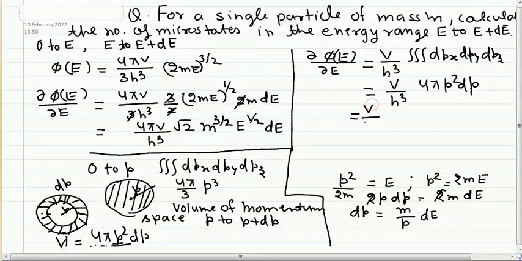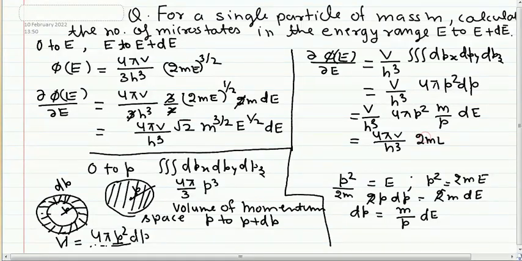So let us substitute this value. It is V upon h cube and then 4 pi p square, and instead of dp write m by p into dE. So this p gets cancelled, and then we have 4 pi V upon h cube and then p, only p. And what is only p? Only p is equal to under root 2mE. So (2mE) to the power half, and then m into dE.